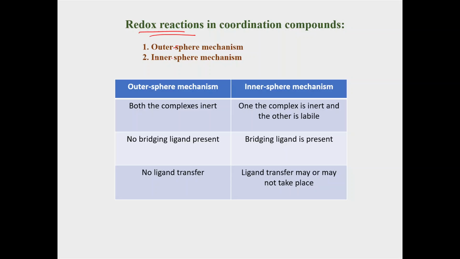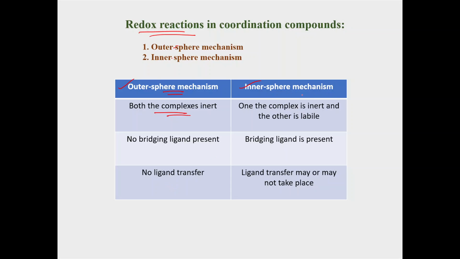The basic difference is that in the outer sphere mechanism, both the complexes are mostly inert in nature, there is no bridging ligand present, and no ligand transfer is observed after the redox reaction.